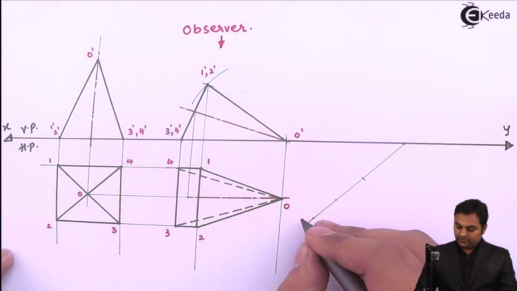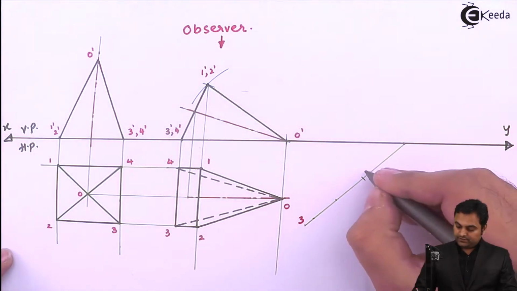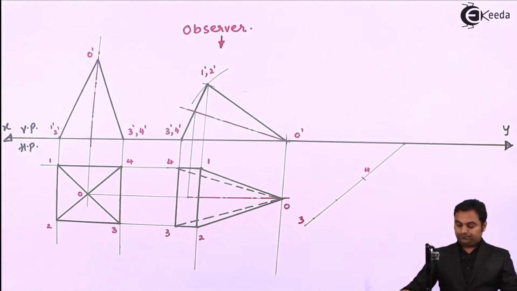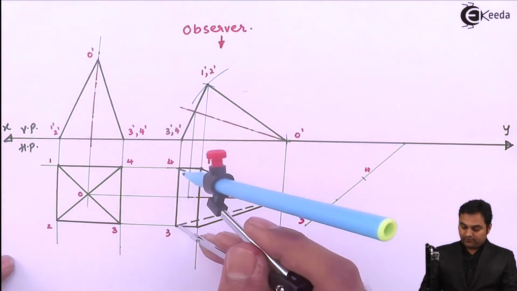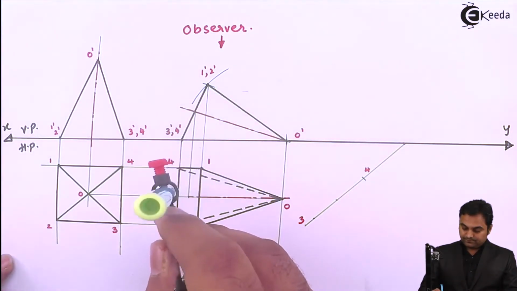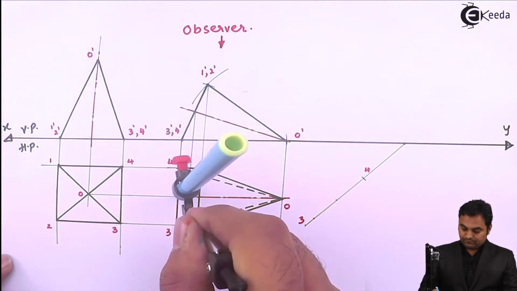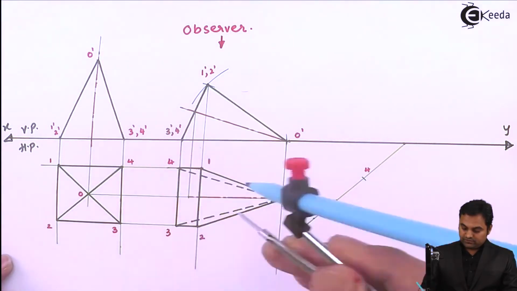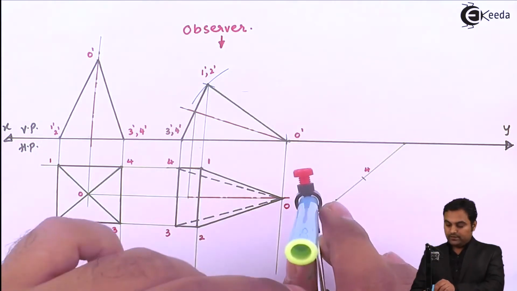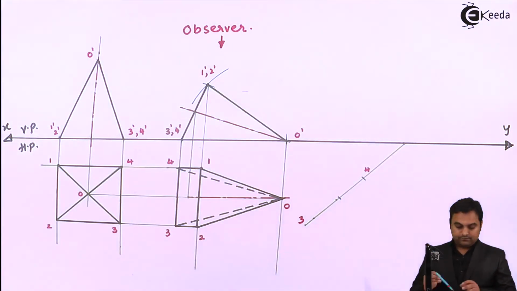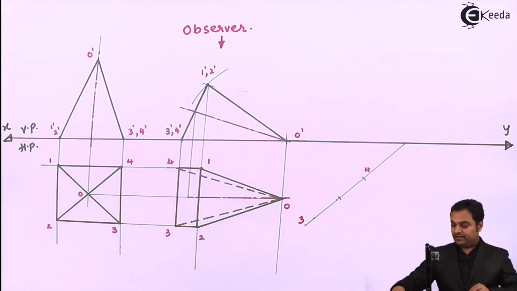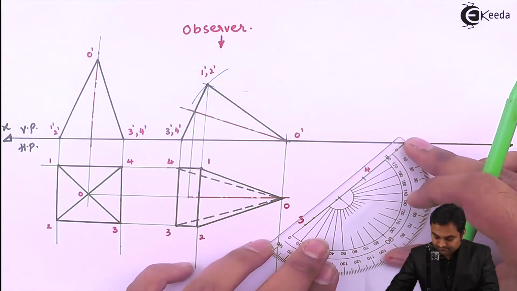So this is point 3 and here there is point 4. Next, I'll take the half of this distance, which is equal to the axis, and draw a 90 degree line from here.